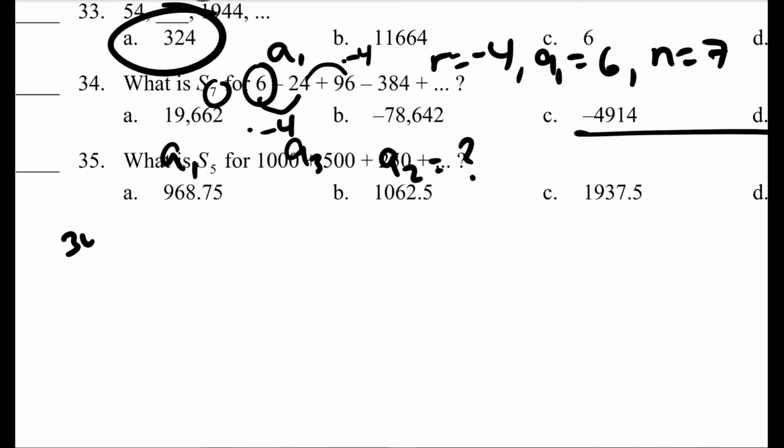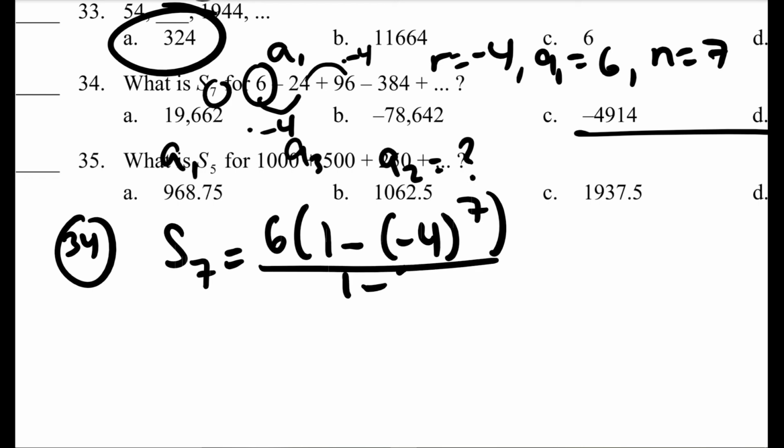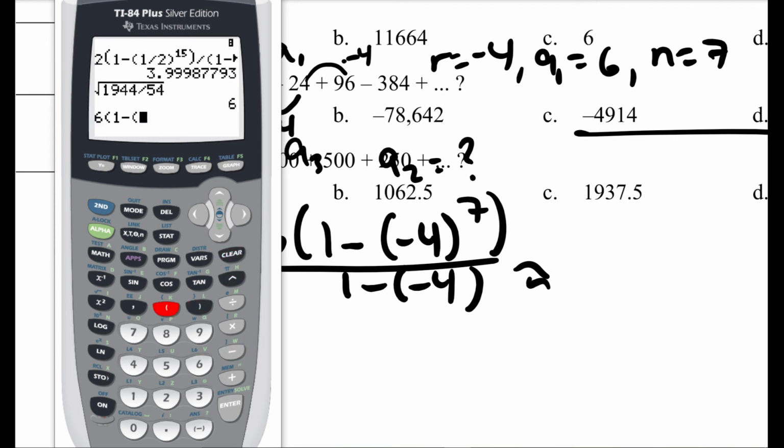So 34 is actually pretty straightforward. We're going to do S7 equals A1 times 1 minus R to the N, all divided by 1 minus R. We're going to take that and plug it into the calculator. Let's see.